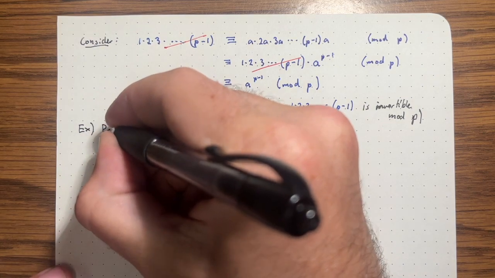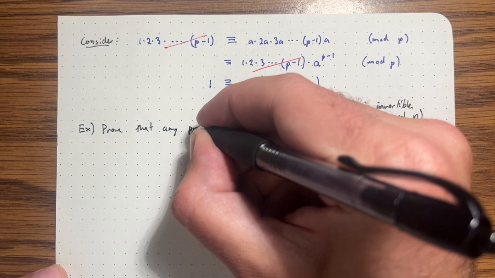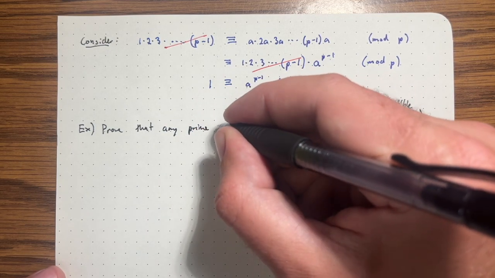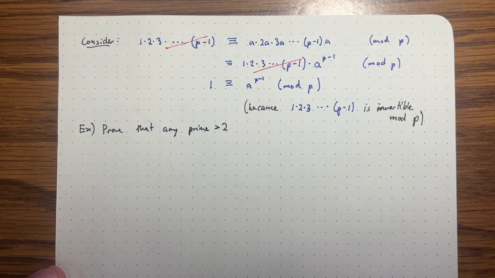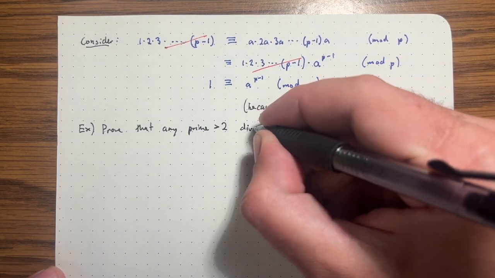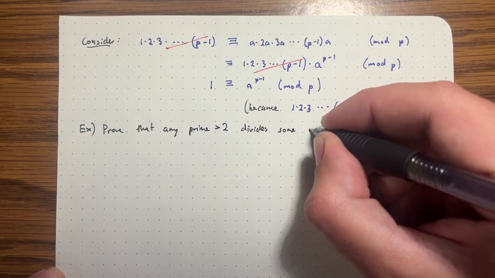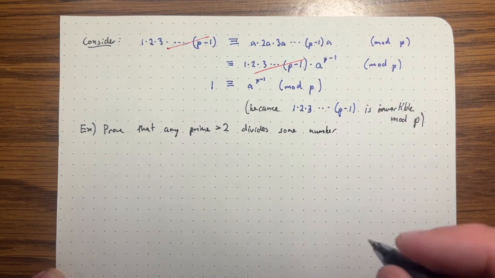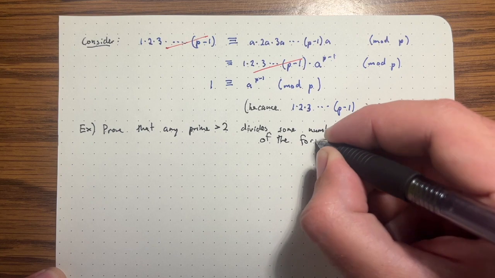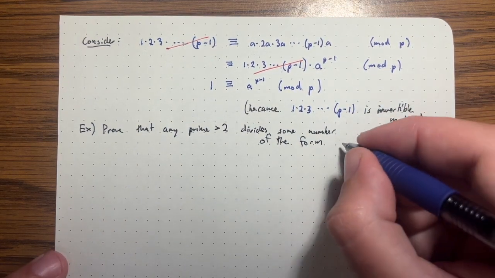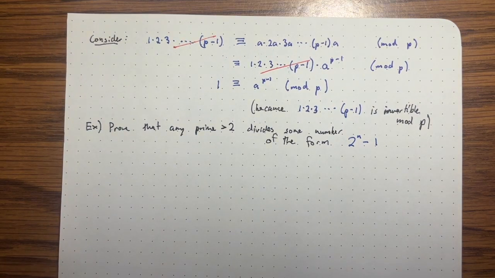Let's prove that any prime, actually not any prime, any prime greater than 2, so any odd prime, divides some number of a very specific form: some number of the form 2 to the n minus 1, that is, 1 less than a power of 2.